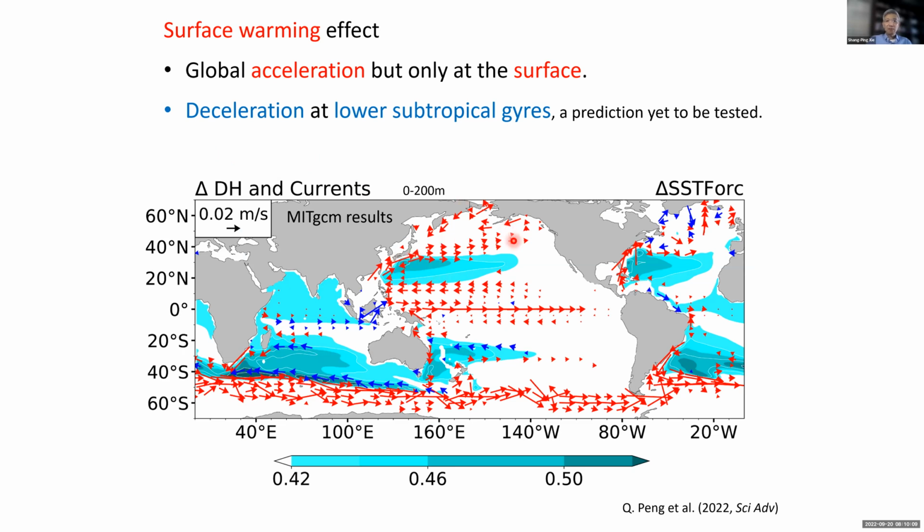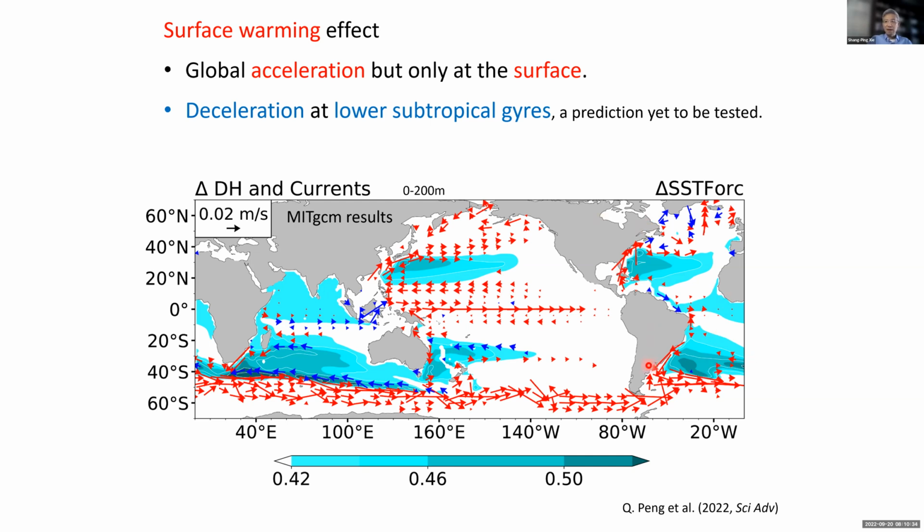And then when we impose the surface warming and look around the world ocean, you see that even in the North Atlantic, the subtropical gyre accelerates at the surface, but it will change if we introduce the surface salinity, as I'm going to present a little bit later.